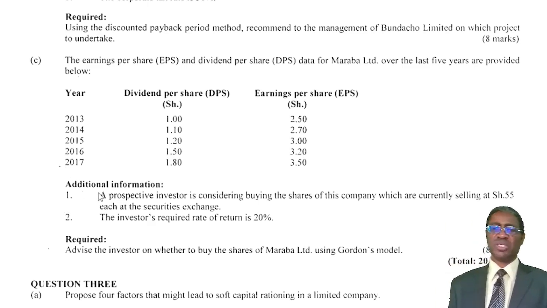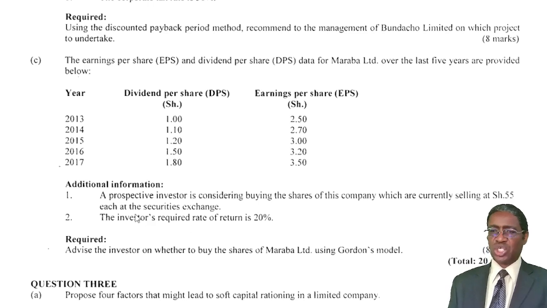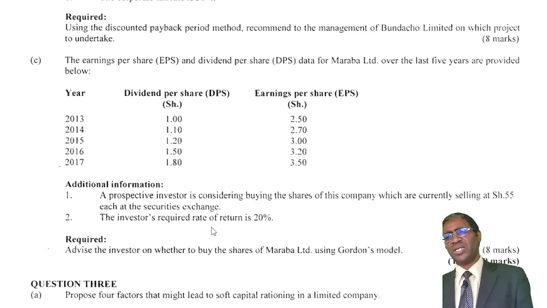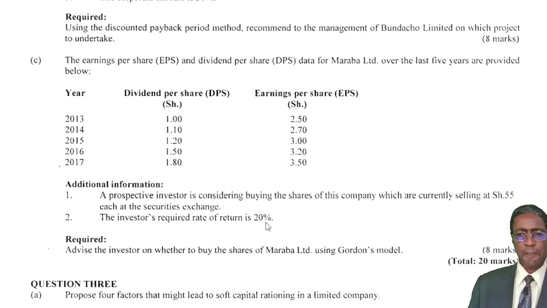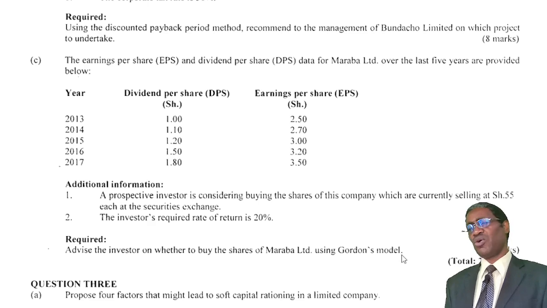Additional information: number 1, a prospective investor is considering buying this company, whose shares are currently selling at 55 each at the Securities Exchange. The investor's required rate of return is 20%. Required: advise the investor on whether to buy the shares of Maraba Limited using the Gordon's model.